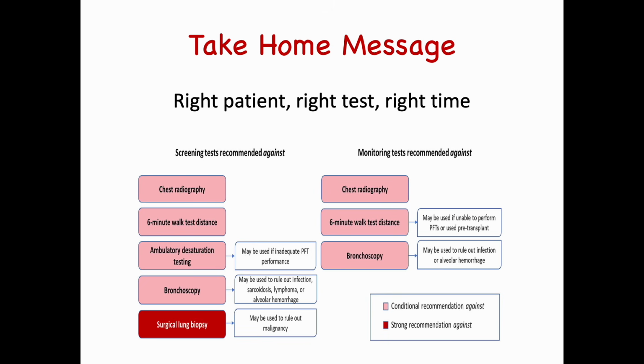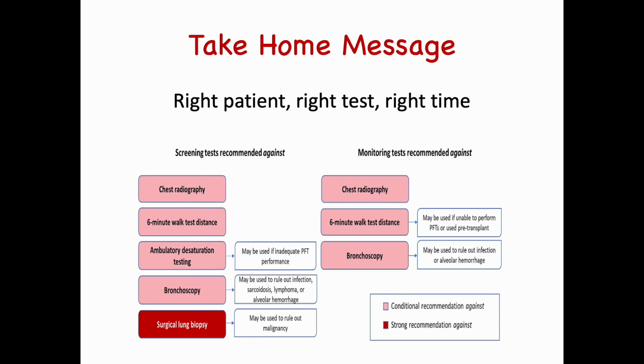No. When do we use ambulatory desaturation testing? You can use it initially if your pulmonary function test was not possible. You can use a bronchoscopy initially if you were suspecting something else, say a malignancy which you had to sample, or an infection or an alveolar hemorrhage in such a patient, but not to screen an ILD.